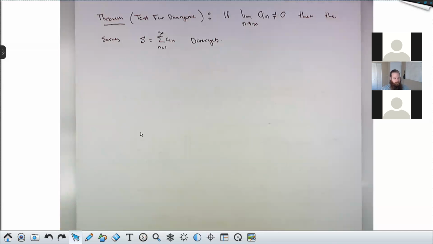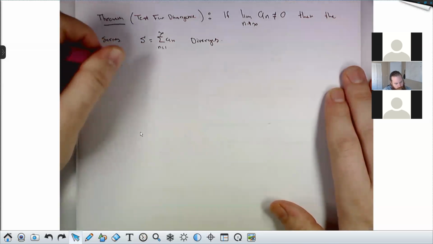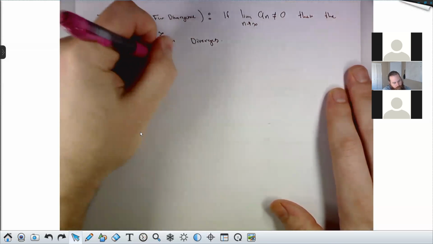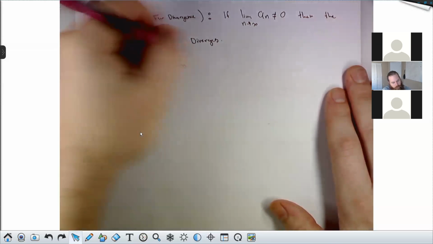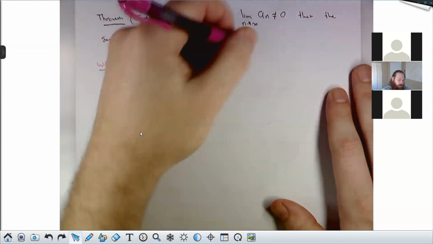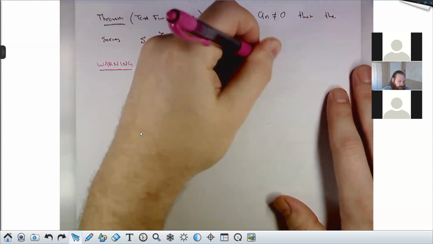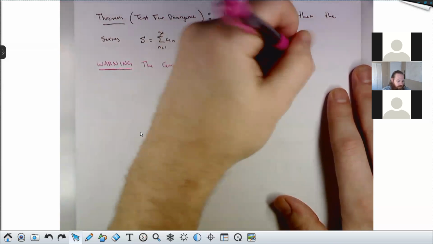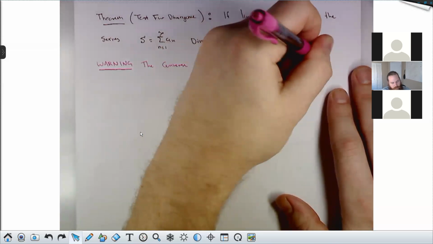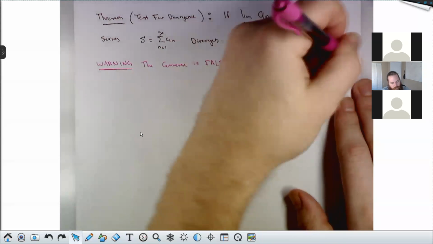A warning. The converse is false. I.e., the limit as n goes to infinity of the ANs, if that is 0, that does not imply that the series sigma AN converges.